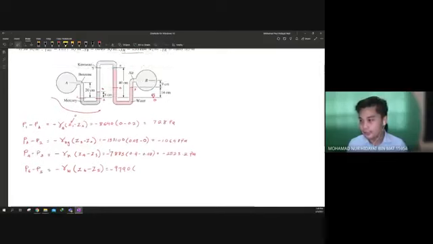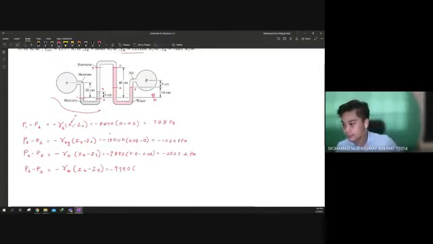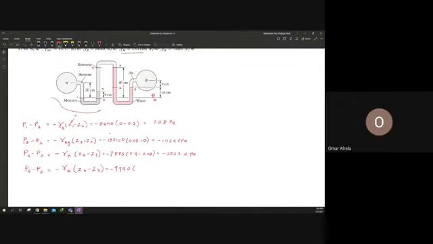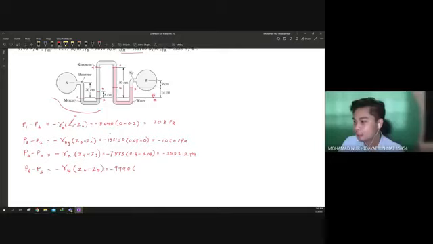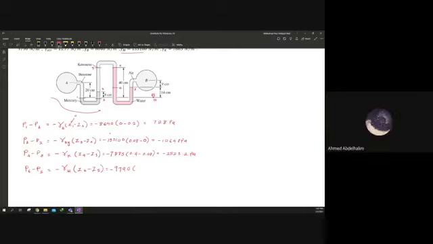What's the value of Z6? Z6 is the same as 14 centimeter. Everyone? 6 and 7 are on the same line, 0.14, right?